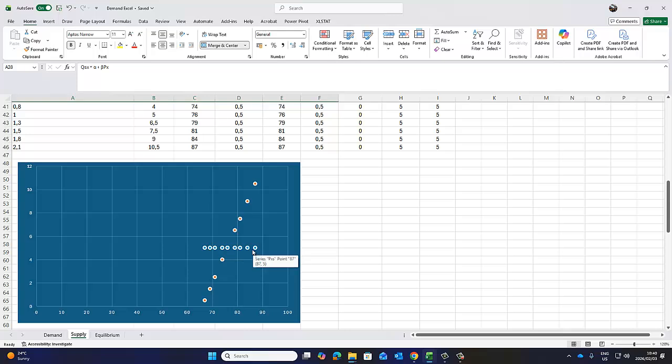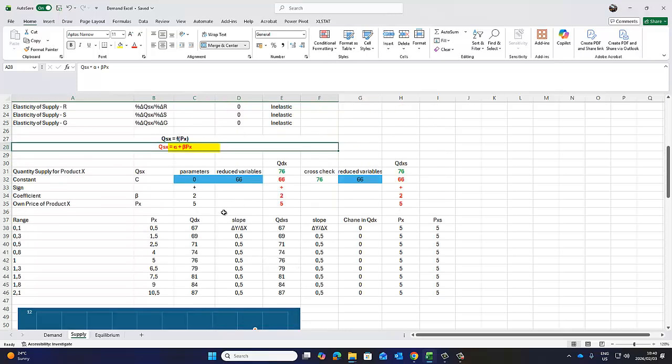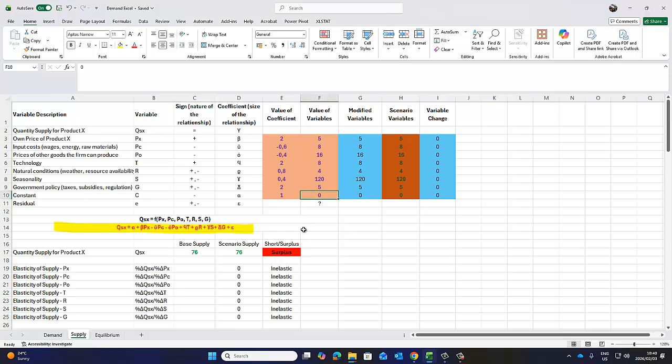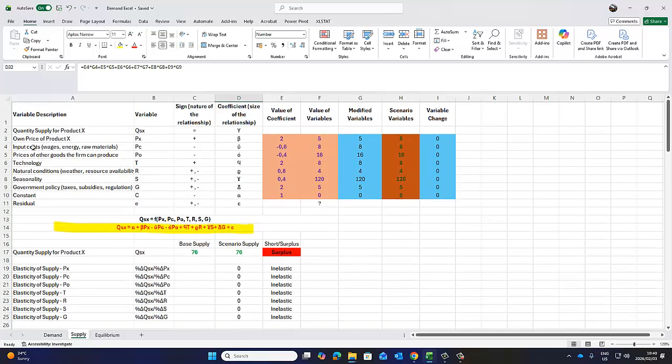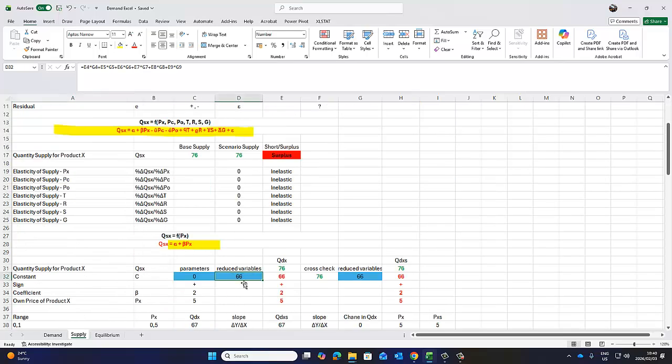Okay, so once I've got my reduced formula or expression, I can now calculate my supply curve and my price. And I do the same as previously. So at this page, my parameters, my constant is 0. I assume there's no constant here. If I reduce it, meaning I calculate the input cost, the price, technology, all those variables by multiplying them, and then add it to my 0 constant, the reduced variables is 66.